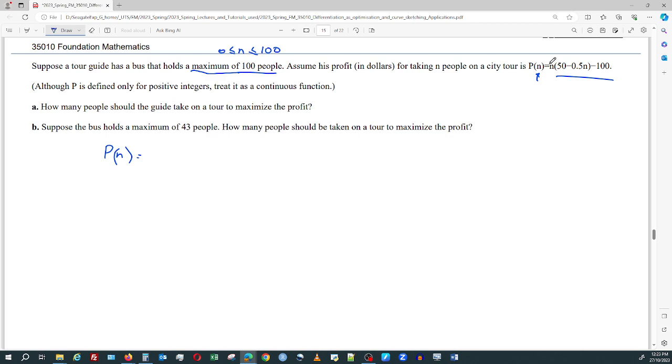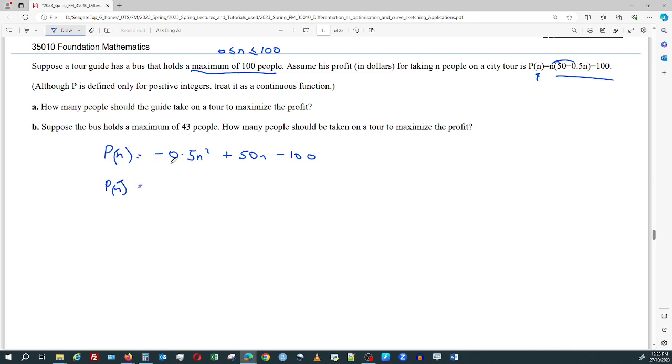If we do an expansion on this, we'll get negative 0.5n squared plus 50n, just putting it in our convention, and minus 100. If we go ahead and do the derivative, of course we want to set that to 0 eventually.